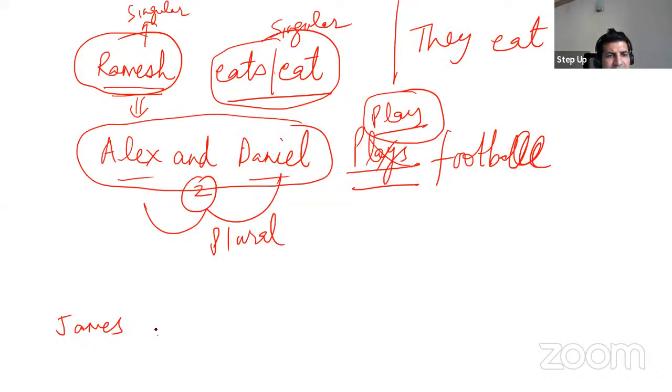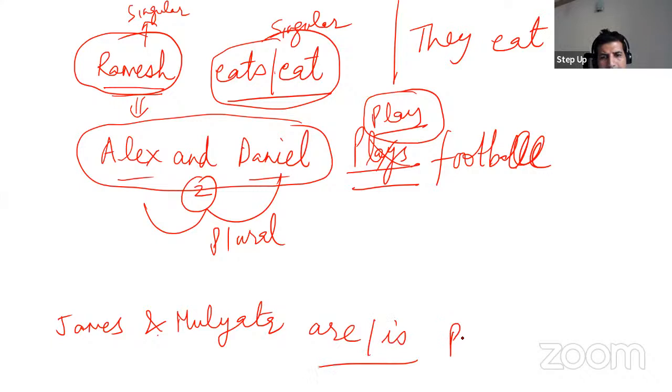James and Mulyata are or is playing? Are. So these are simple things. If it's one person, then it's singular. But when 1 plus 1 becomes 2, it becomes plural.